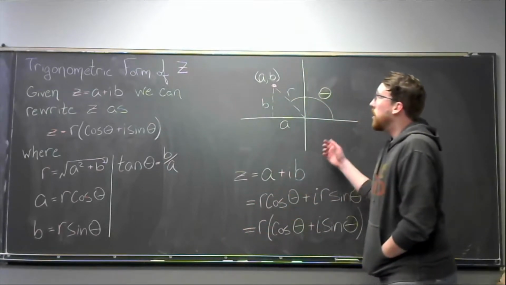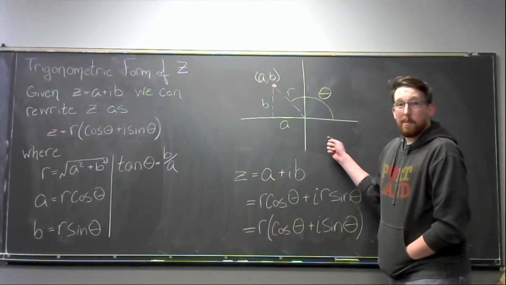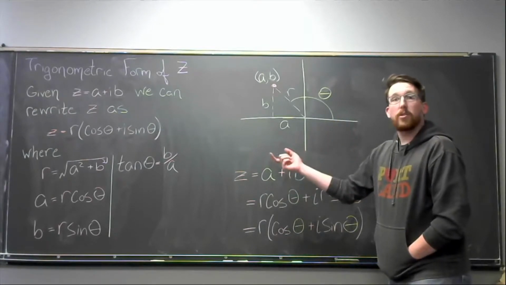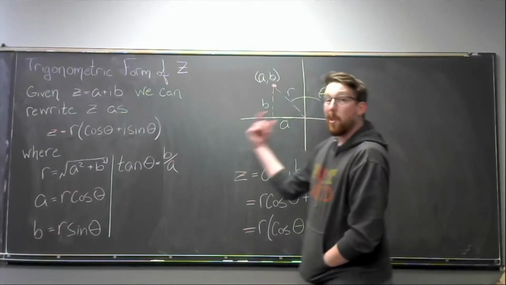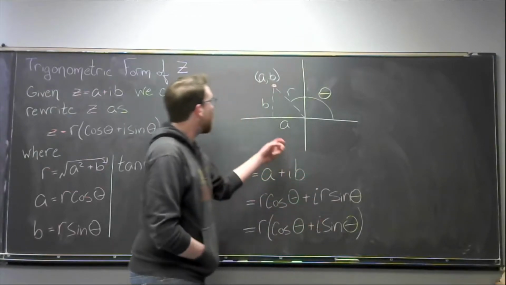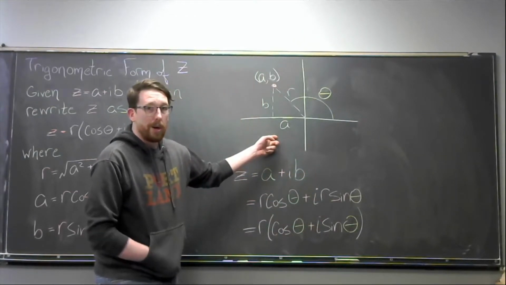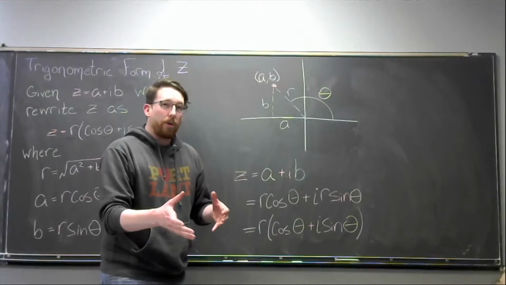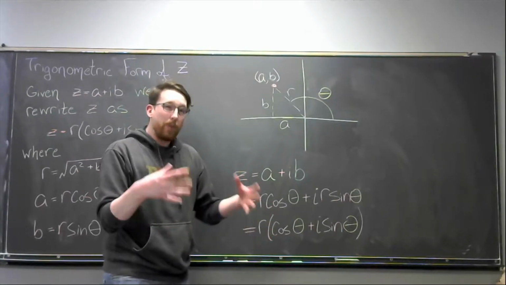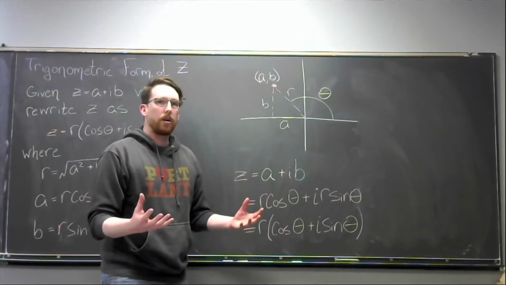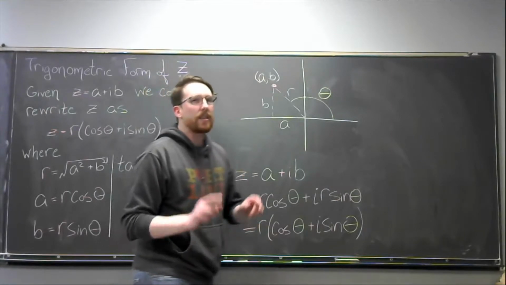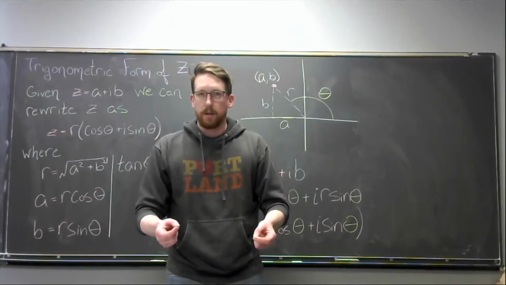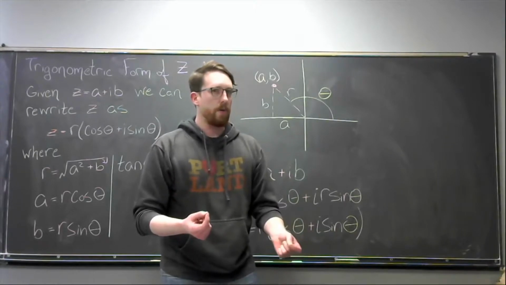In fact, we could rewrite all of our complex numbers as two-dimensional vectors, or we could take all of our two-dimensional vectors and rewrite them as complex numbers. So we can move back and forth between these structures, but they're not the exact same type of object. I just want to make that distinction here, right?